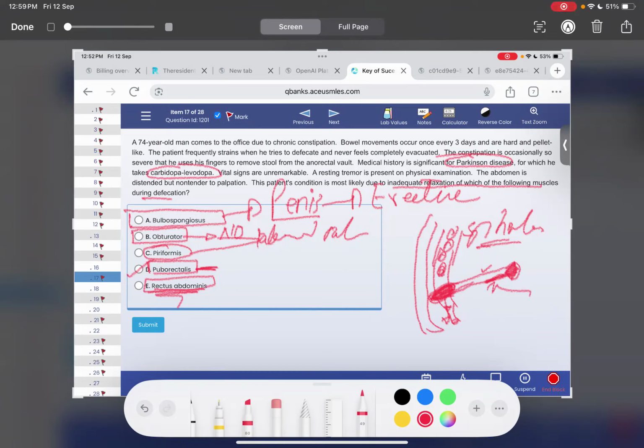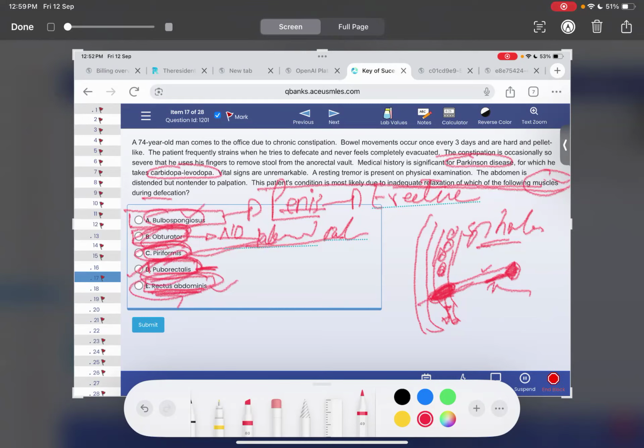But on the basis of the question, which asks which muscle is inadequately relaxed, it is a straightforward anatomy MCQ. If you go deep into Parkinson disease and sclerosis, you will get confused. Directly go to which muscle is present at the rectum. Bulbospongiosus is in the penis, obturator is a lateral hip rotator, piriformis is a lateral hip rotator, rectus abdominis is on the anterior abdomen and not helping here, or puborectalis.